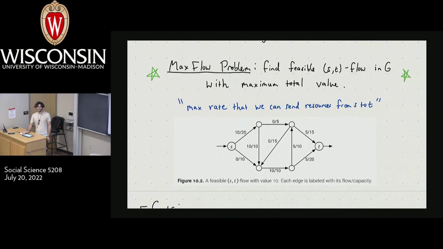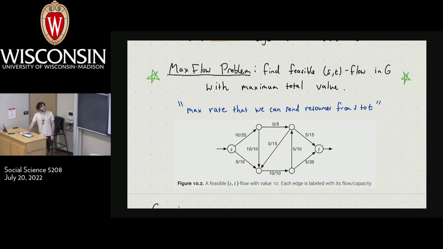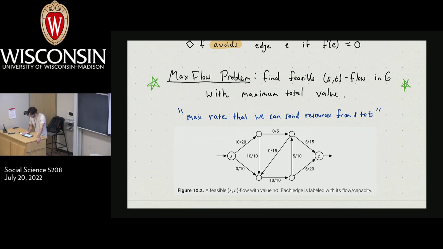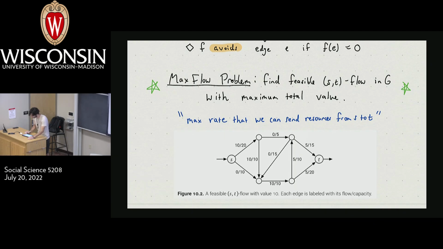Okay. So now with all those definitions in hand, we can define the max flow problem. The goal of the max flow problem is just to find a feasible S-T flow in your graph that has maximum total value, where the value is the net flow leaving S. So essentially you want to send as much stuff as possible from S while preserving the capacity constraints and preserving the conservation constraints.